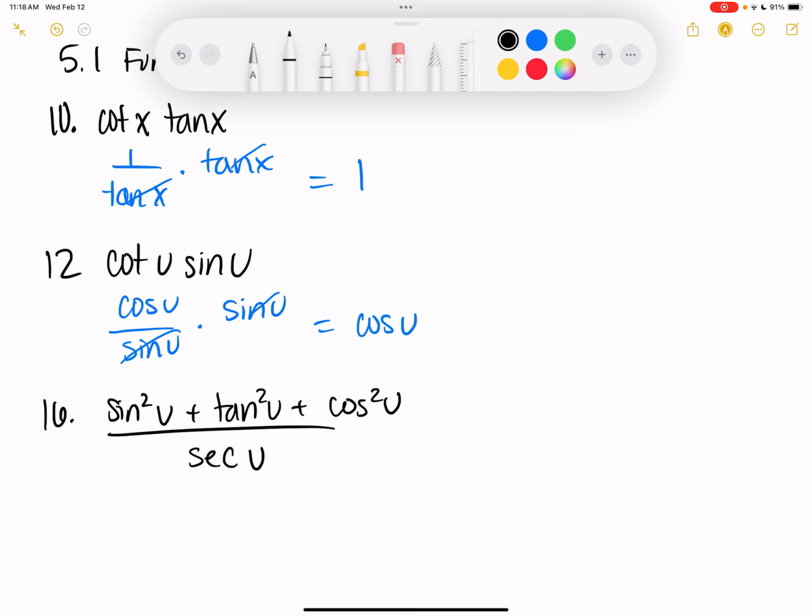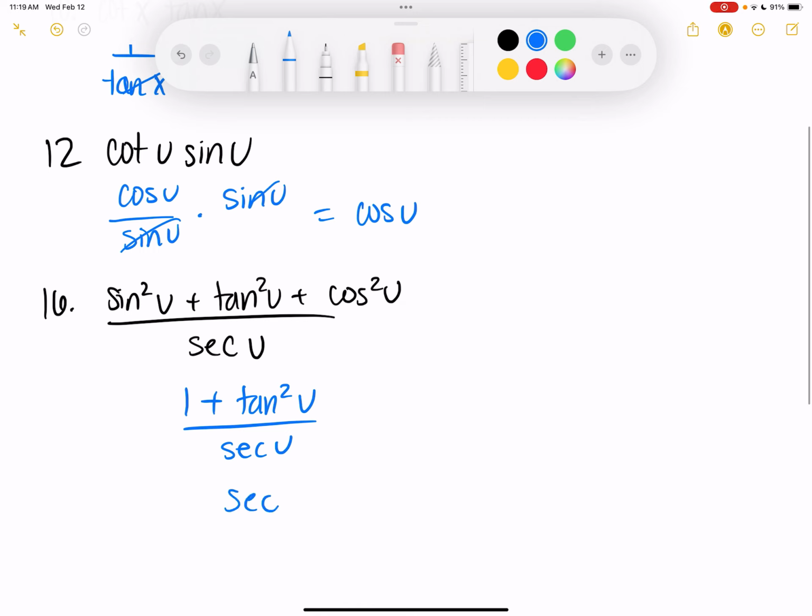So on the top, is there anything that I can combine to write as something else? Sine squared plus cosine squared equals 1. Yep. So I can rewrite this as 1 plus tangent squared of u over secant of u. And what's 1 plus tangent squared? Secant squared, so secant squared of u over secant of u is equal to secant of u.